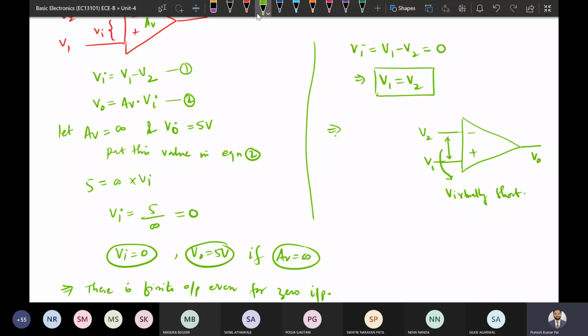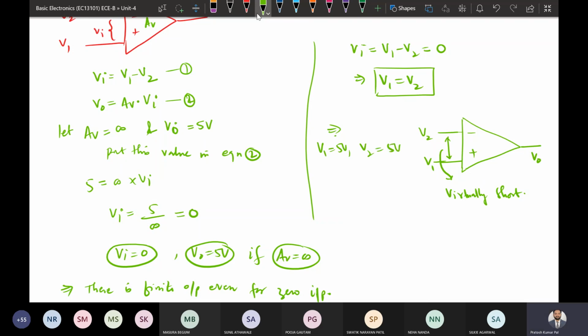That means if we are getting some output from the ideal operational amplifier, at that time the inputs should be shorted. That means both the inputs should be equal. For example, let V1 equal 5 volt and V2 also equal 5 volt.